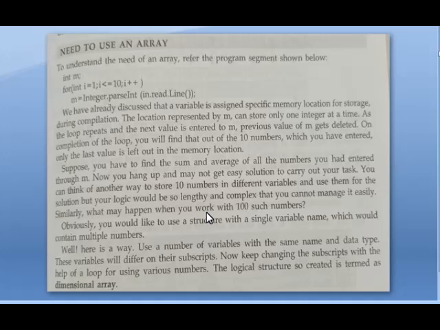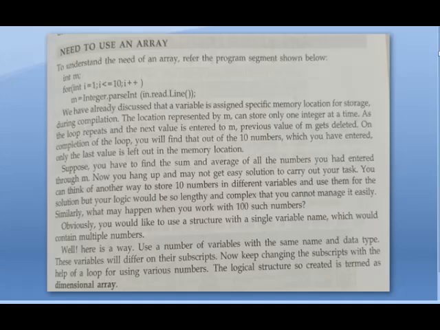We are able to see the previous value and the next value, whatever is stored in the array, by using only one variable. So use a number of variables with the same name and data type that differ in their subscript. Now keep changing the subscripts with the help of a loop for using various numbers. The logical structure so created is termed a dimensional array. By using only one variable, we are able to store many millions of numbers in an array.